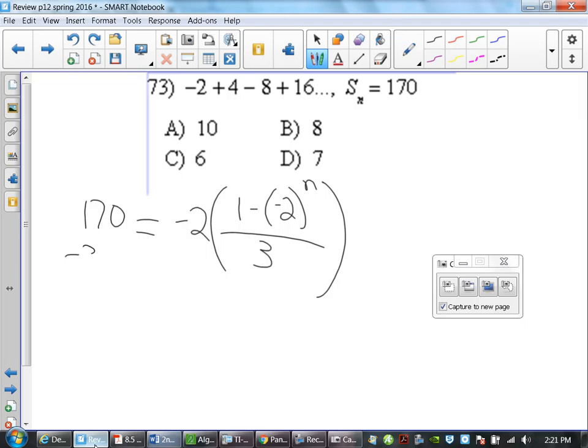So I have -3 halves times 170 is 1 minus my rate of -2 to the n. What's half of 170? 85. Multiply that by 3. Negative.